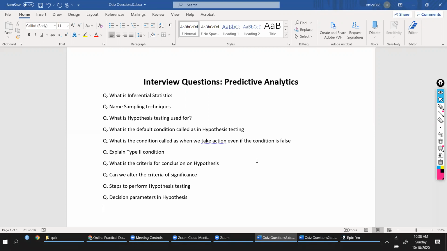If the p-value is greater than the industrial standard 0.05, then we say P high null fly. That means go with the default condition. If the p-value is low for the test, then you say P low null go. That means you can take an action.